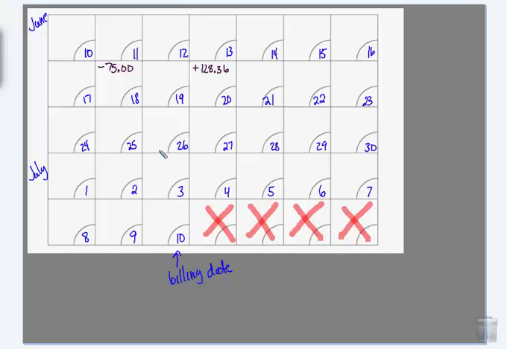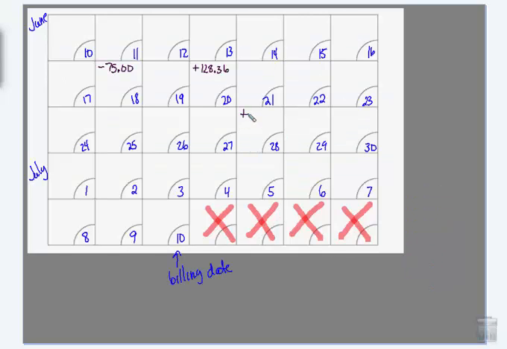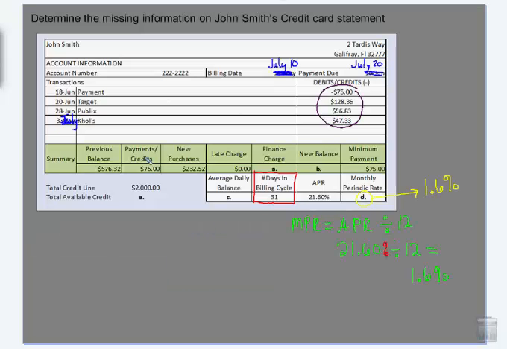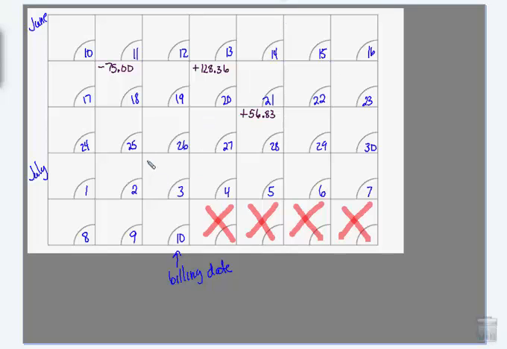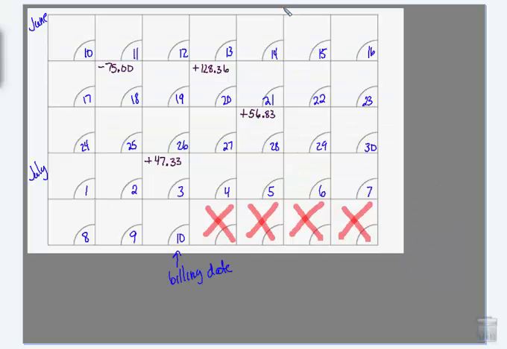I put plus there because I bought something, so I'm adding that in. On June 28th, 56.83 to Publix. So June 28th is plus 56.83. And then on July 3rd, 47.33. So plus 47.33. Okay, and then I just double check. I have 4 transactions on my calendar. I have 4 transactions on my statement, so I'm good. So far, okay?